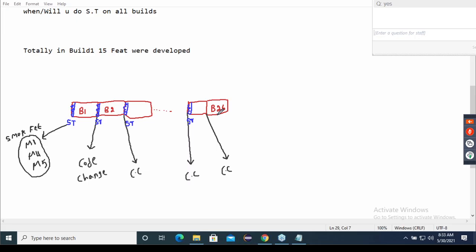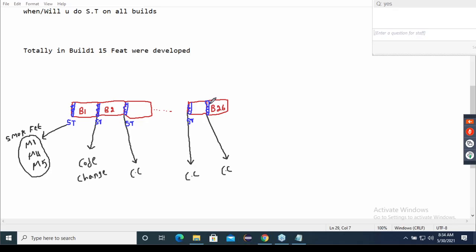Anyone who gives an instant answer, this shows that you are not thinking. That's a problem. People who are saying required, tell me why. Why, boss? B26 also came because in B25 some code changes were done.